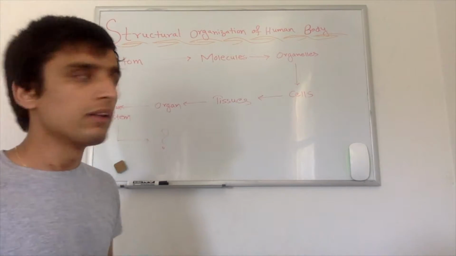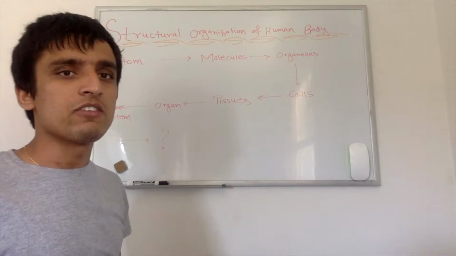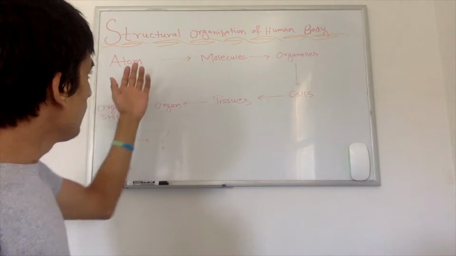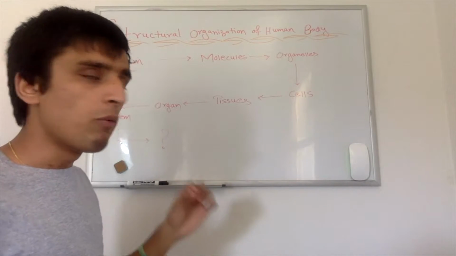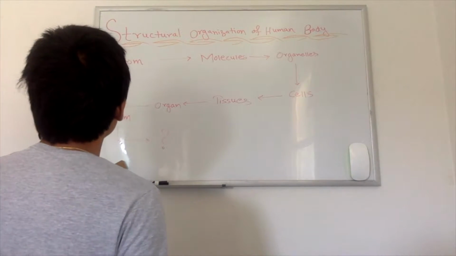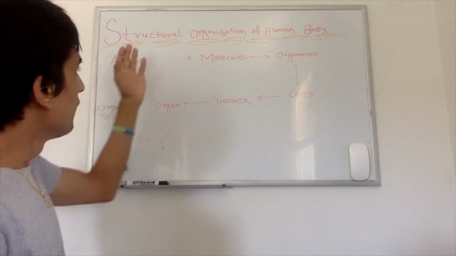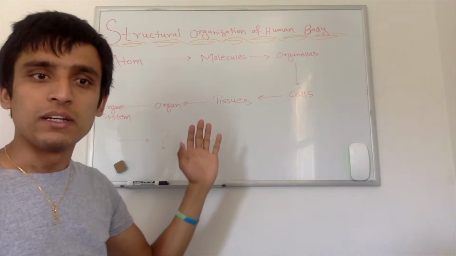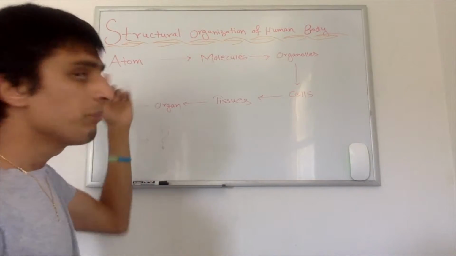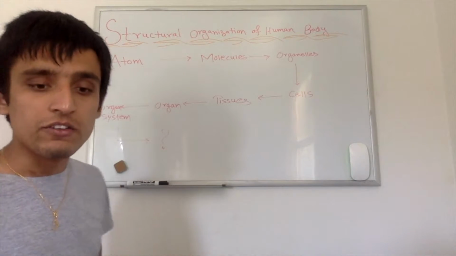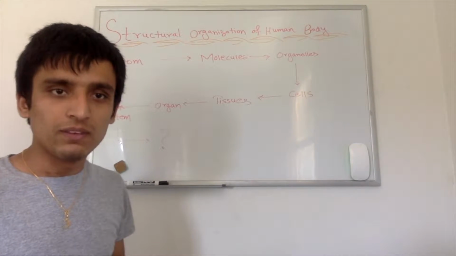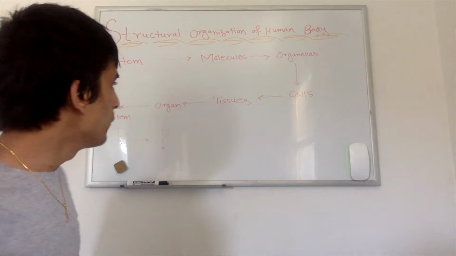Let me start with the structural organization of the human body. This is one of the most important things we need to understand right now, because how our body is formed is very important. For example, from the chemistry level, the atom is the smallest particle which forms matter.